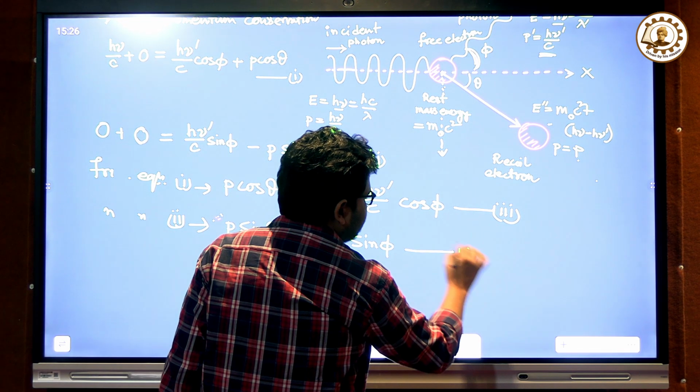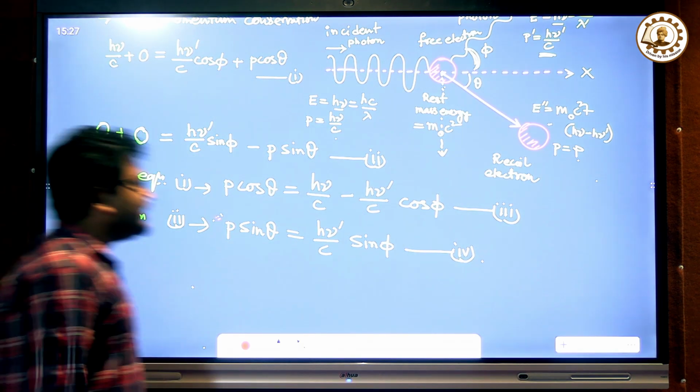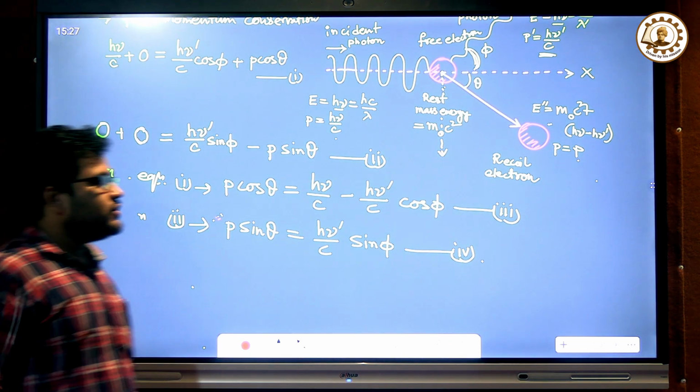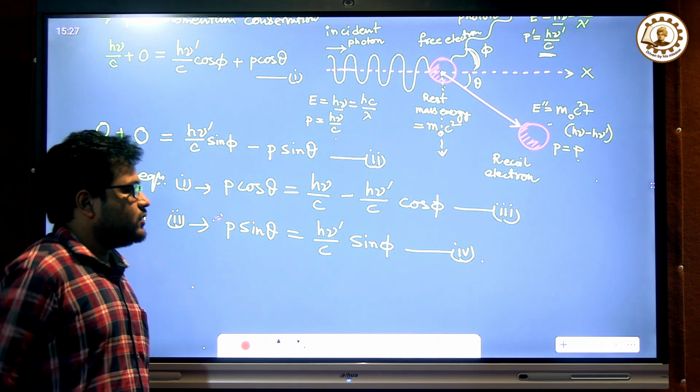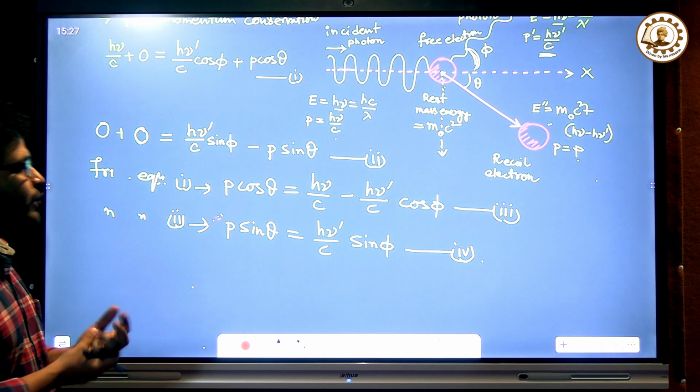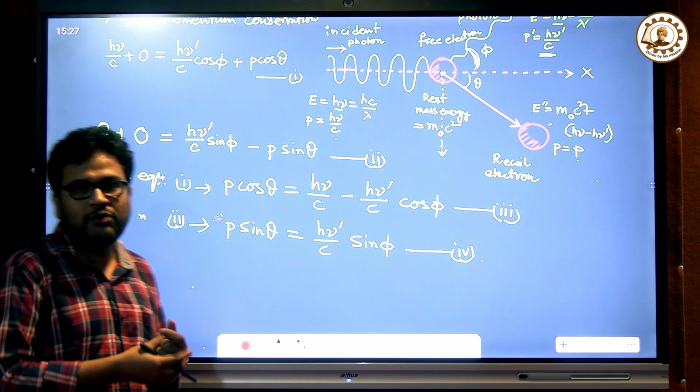This is equation number 4. Clear? So thereby we have made two new equations, equation number 3 and equation number 4.